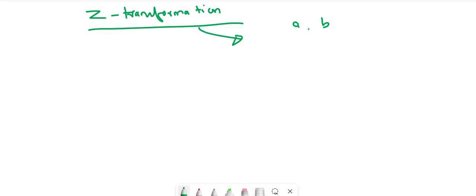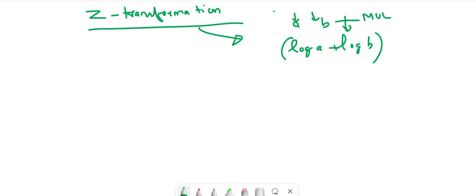So instead of multiplying these two large decimal numbers, we can go for the logarithmic transformation and compute log A plus log B. This is a simple transformation.